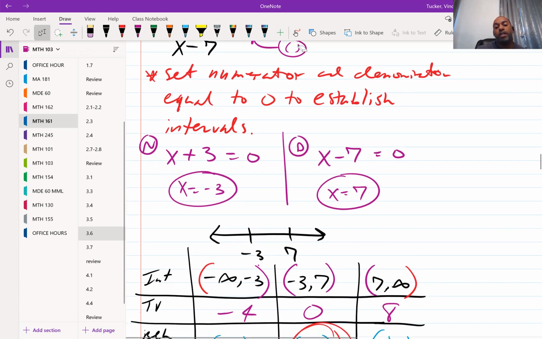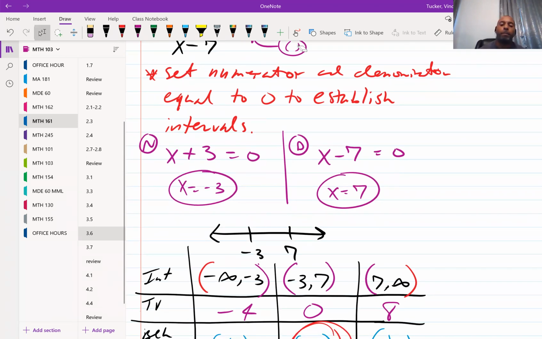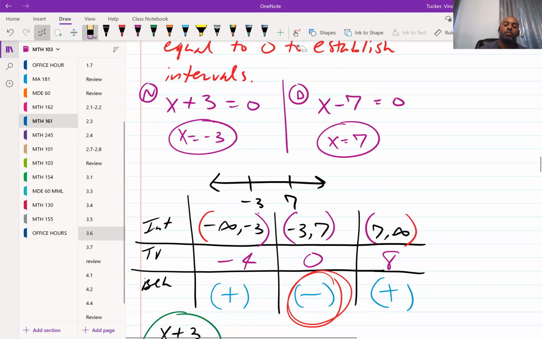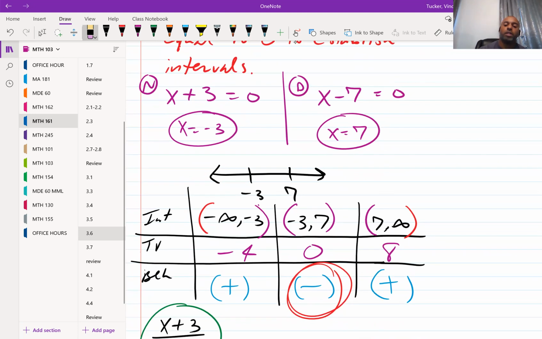See the test values I chose: -4, 0, and 8. Something less than -3, something in between -3 and 7, and then something greater than 7. I'll just go ahead and leave that in there.